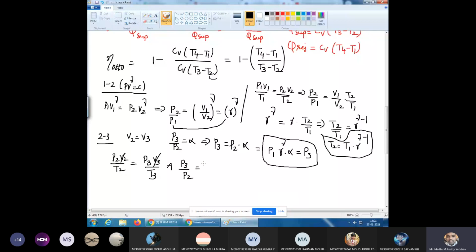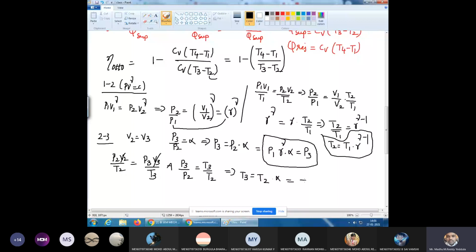I want the T3 value, so T3 is equal to T2 into P3 by P2, and P3 by P2 is replaced with alpha. Again, T2 I can replace with T1 into r power gamma minus 1, so T3 is equal to T1 into r power gamma minus 1 into alpha.